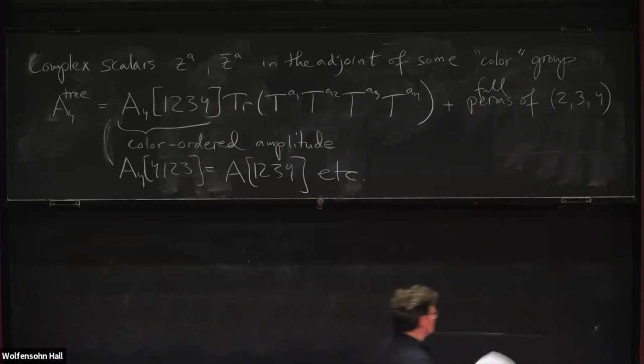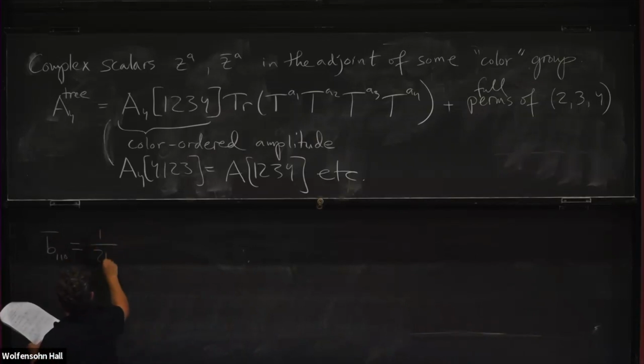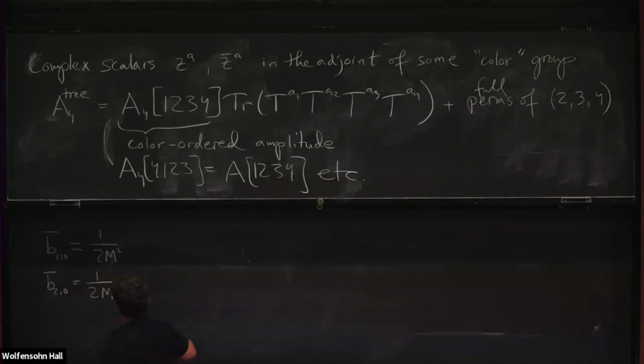Okay, so here are my coefficients. Now we compute the barred guys. B10 bar is equal to 1 over 2m squared, as before, the g squared nicely drops out. I again have my lambda to be 1. And then I have B20 bar, which becomes also 1 over 2, but now with an m to the 4.